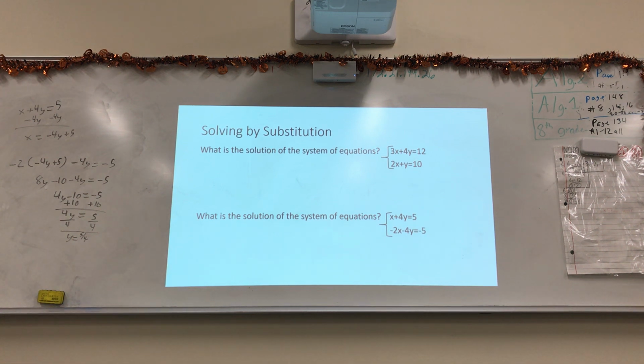Okay. Now, and I forgot to do this in the first one, we know what y is now. So we have to go solve that for x now. So, x plus 4 times 5 over 4, which is going to cross reduce, and you're going to have x plus 5 equals 5.